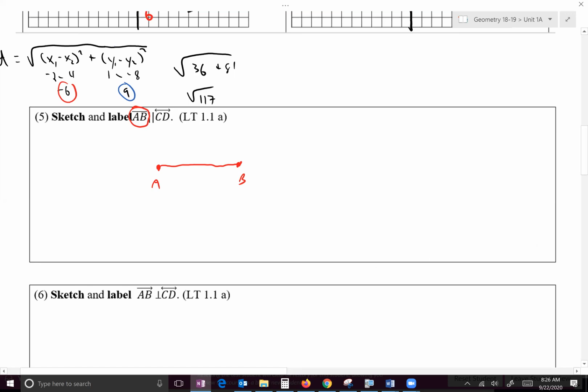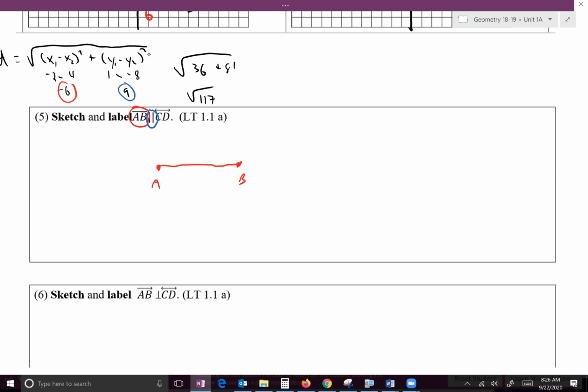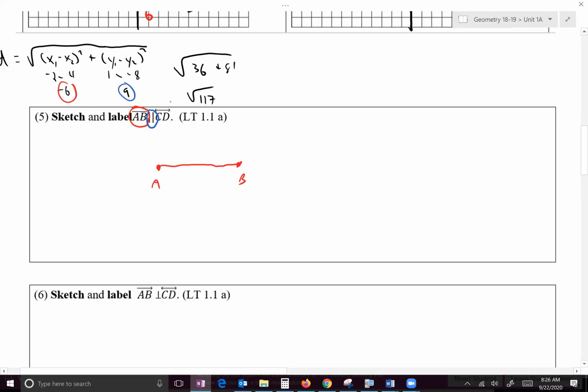So this symbol right here, that means parallel. So the next thing I have to draw is going to be parallel to that AB, which is this guy, which is line CD. So I'm going to try and draw as close as possible to parallel. So there's C and D. I can mix those up. It doesn't matter in lines either.